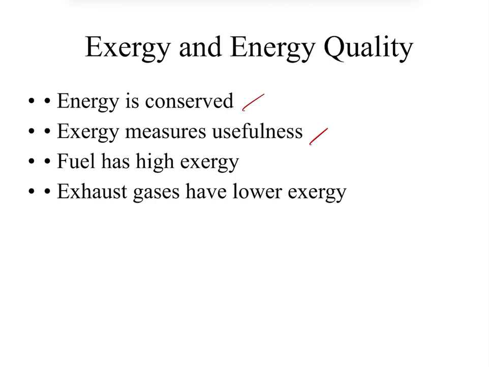Fuel has high exergy. Exhaust gases have lower exergy because they are already in a combustion, so we already used the exergy, and it is logical that it is lower.